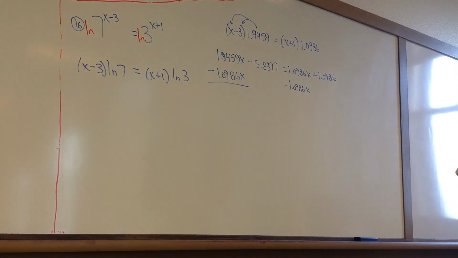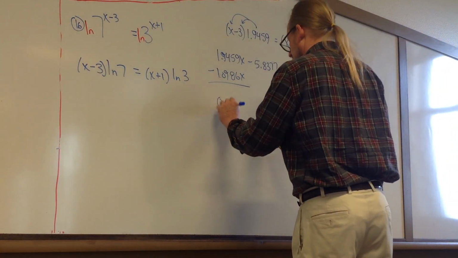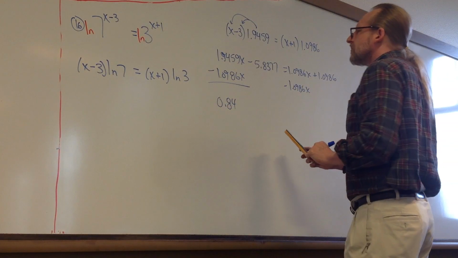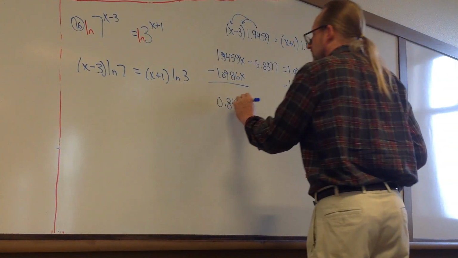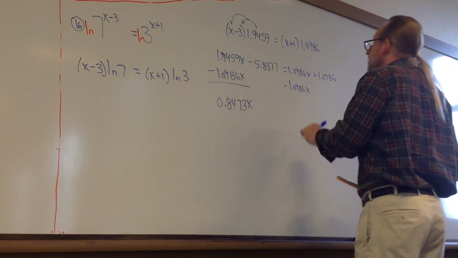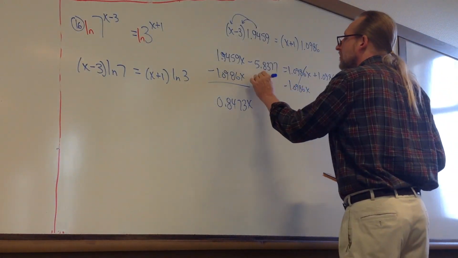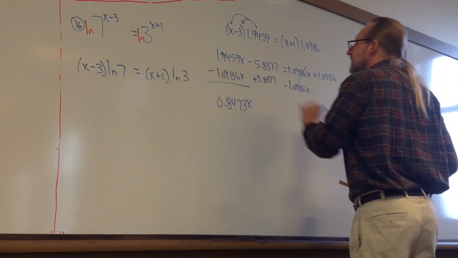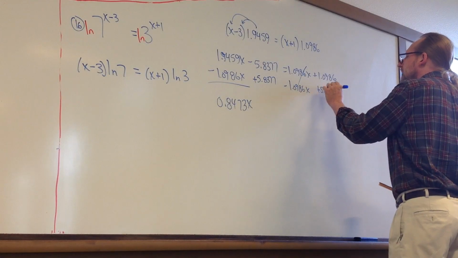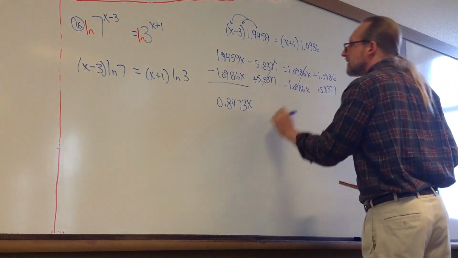And let's see here, what are we going to get there? 0.8473. That's why I don't do those in my head. All right, 5.8377. We'll add this to both sides.